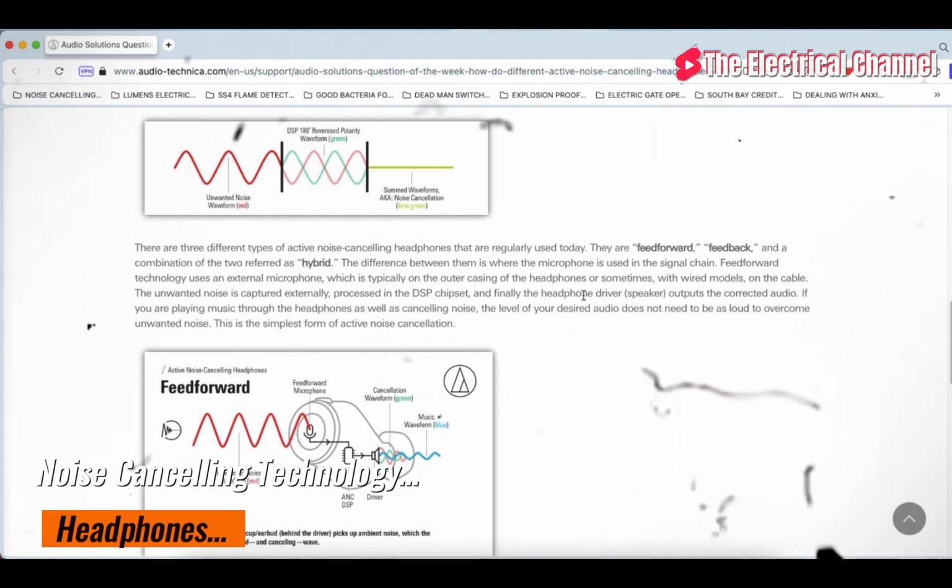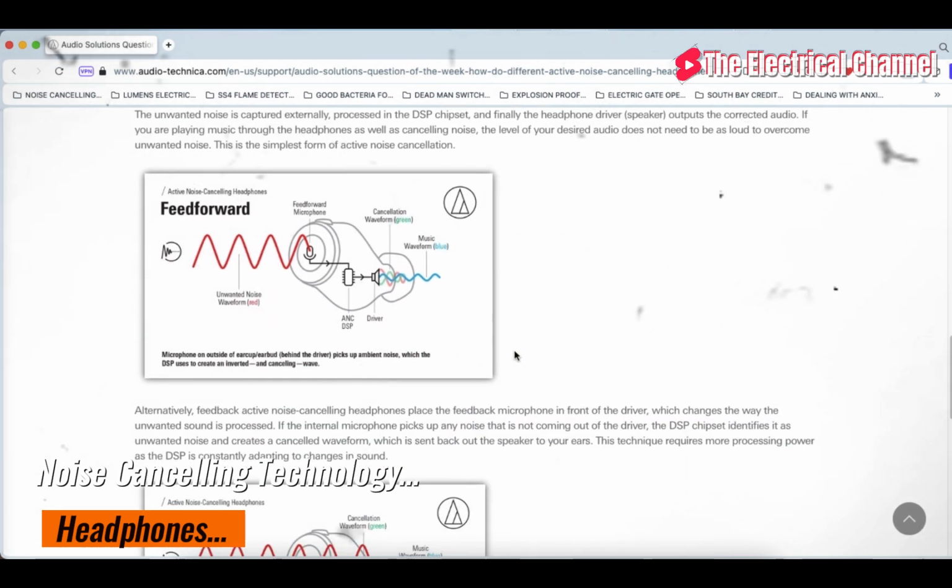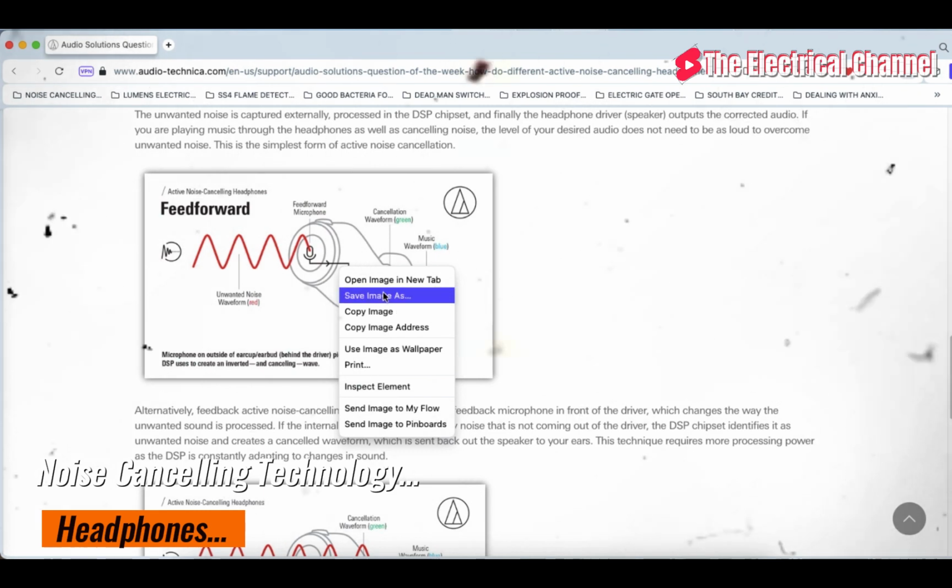If you are playing music through the headphones, as well as canceling noise, the level of your desired audio does not need to be loud to overcome the unwanted noise. This is the simplest form of active noise cancellation, as you can see in the following image.